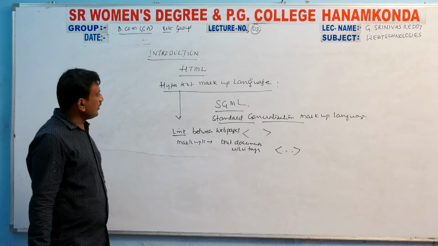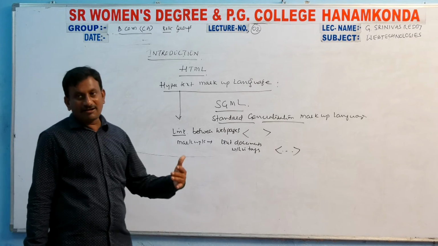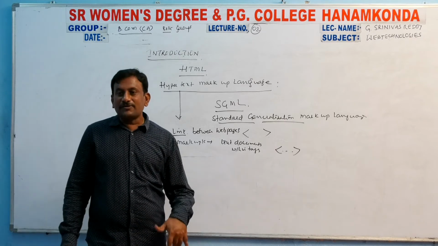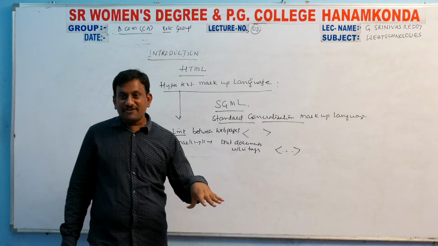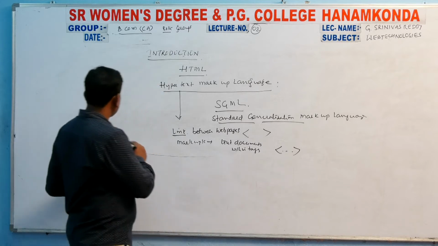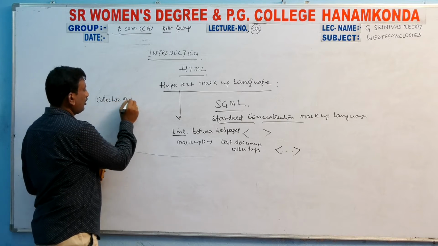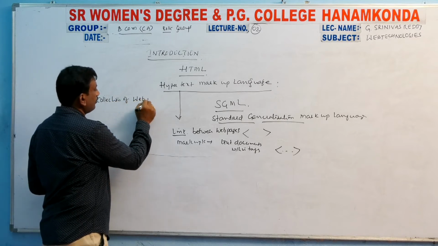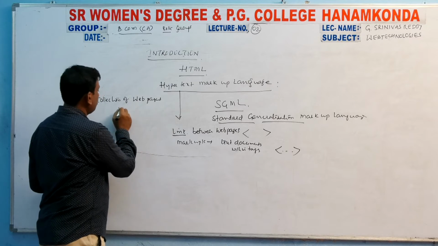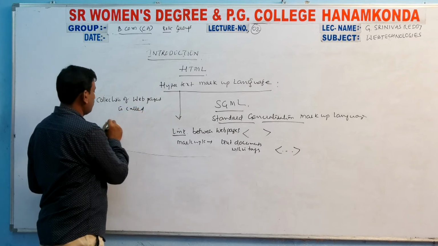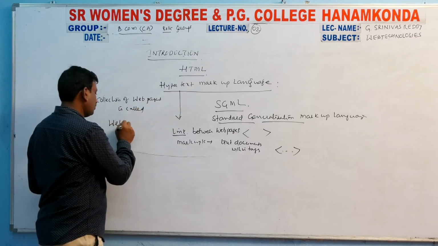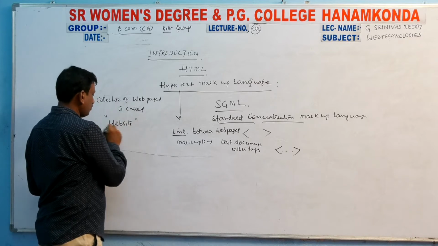What is the actual definition? Hypertext markup language is mainly used for designing and creating web pages. A collection of web pages is called a website.